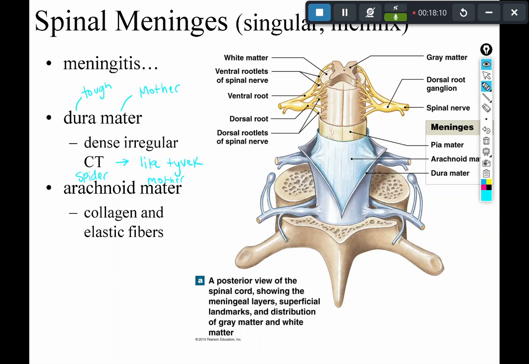It's a little bit stretchy, so it provides the ability to flex while being protected. And it's got little denticulate ligaments that reach down across the subarachnoid space, touching the final mom, which is the pia mater. Pia means soft.